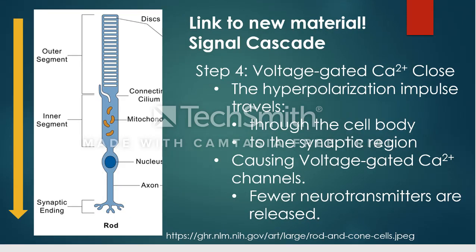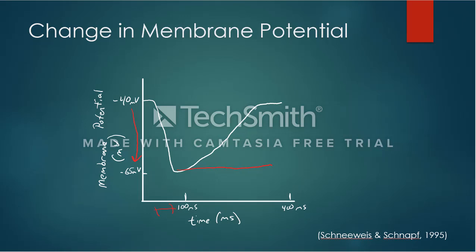Alright, so that change in membrane potential, it will actually get passed down the cell by adjacent areas. So although the rod is not myelinated, it can slowly pass that hyperpolarization down. Let me go right back to this.